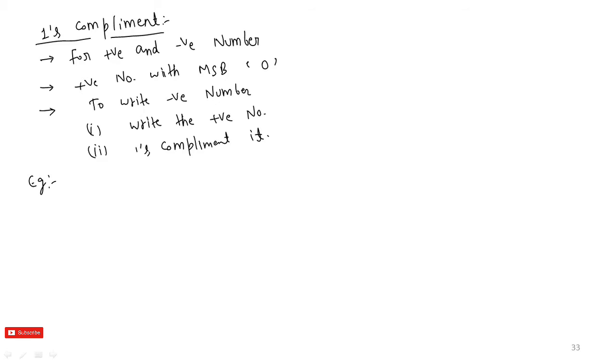Example also you can write. For -13, first you have to write the magnitude of +13, so 1101 and the MSB. Now you have to take its ones complement. Okay. So 1 1 0 0 1. This is ones complement, -13. Okay.